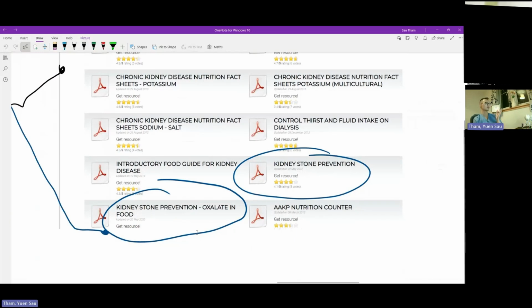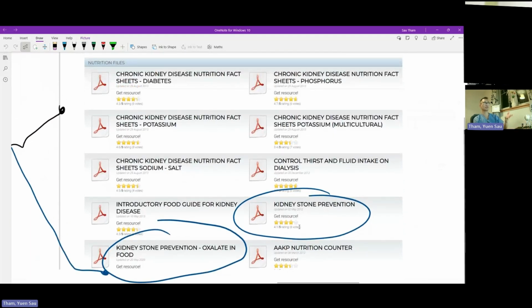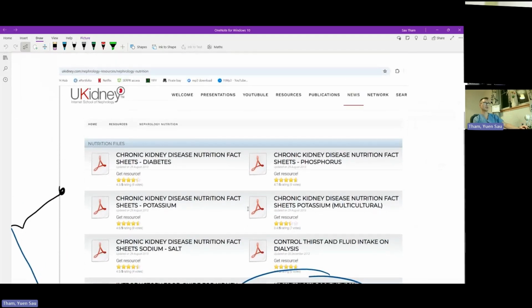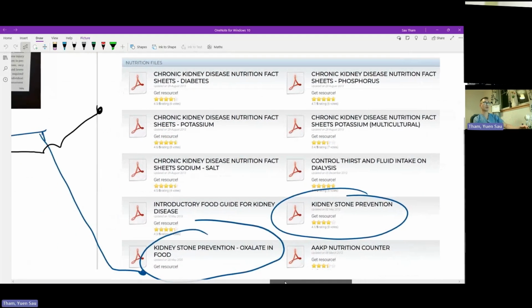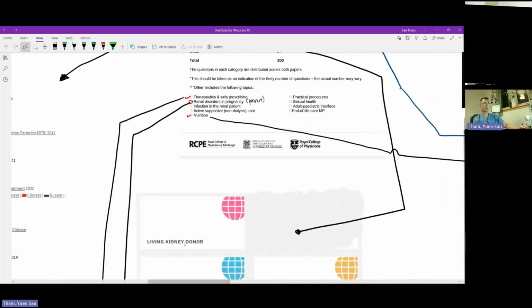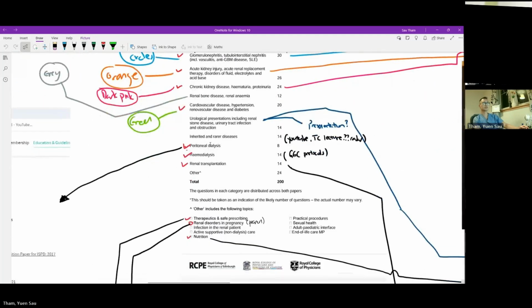Full disclosure, the resources I used were fully just YouTube. These are resources that I found later on. I've not actually looked into them in detail, but I thought I'd put them in there because it's kidney fair game, and it seems silly not to. So that's one resource that you can use.